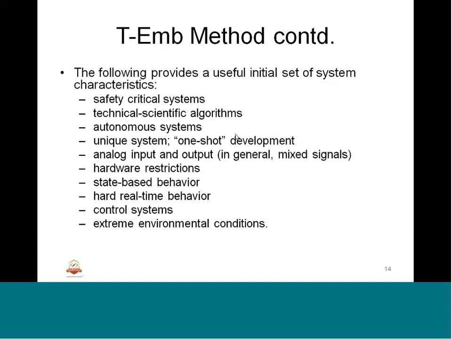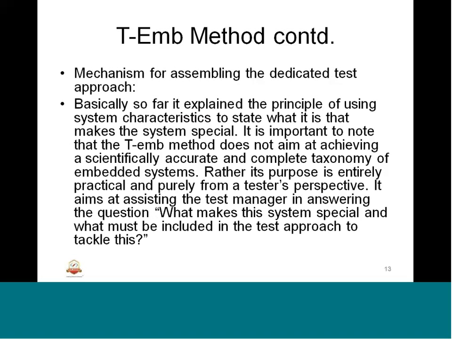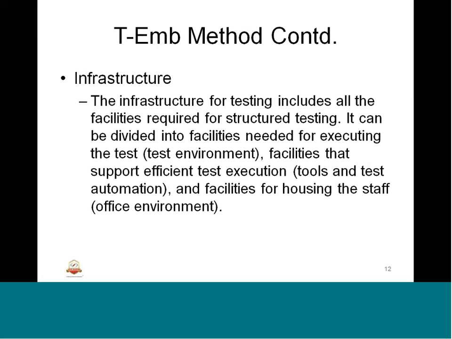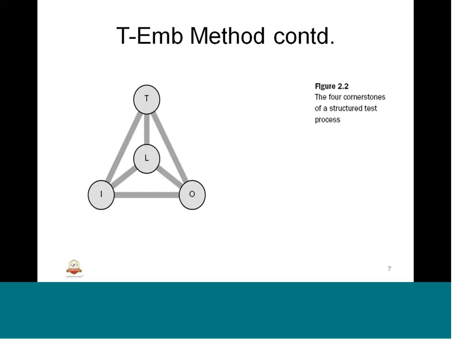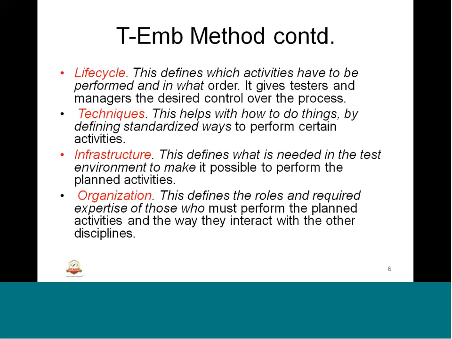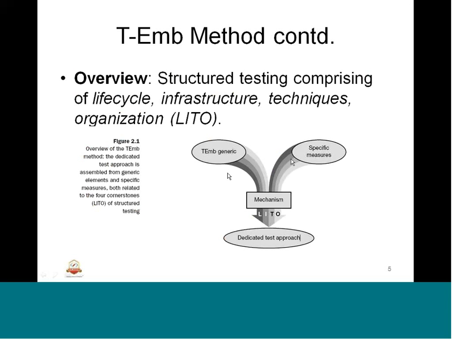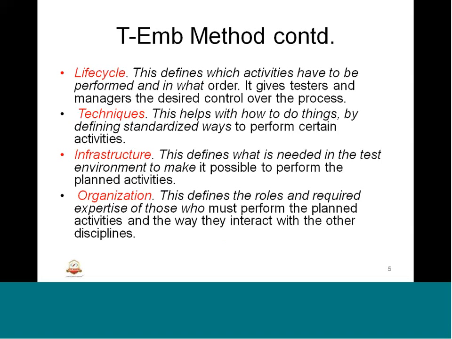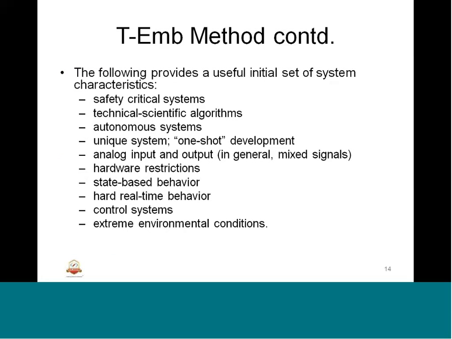Okay, so we said that the characteristics of the embedded system under test have to be used. Once we have those characteristics, we are going to have measures. Measures is nothing but the test approach of how we are going to handle that characteristic. Some of the characteristics that are usually used in any of the embedded systems are as below.